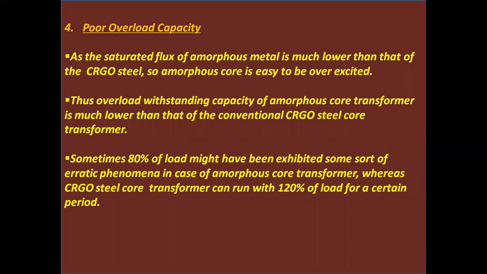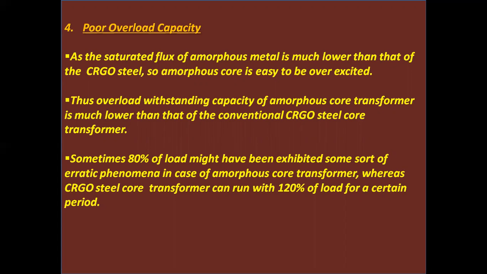Poor overload capacity. As the saturation flux of amorphous metal is much lower than that of the CRGO steel, amorphous core is easily overexcited. Thus, the overload withstanding capacity of an amorphous core transformer is much lower than that of the conventional CRGO steel core transformer.